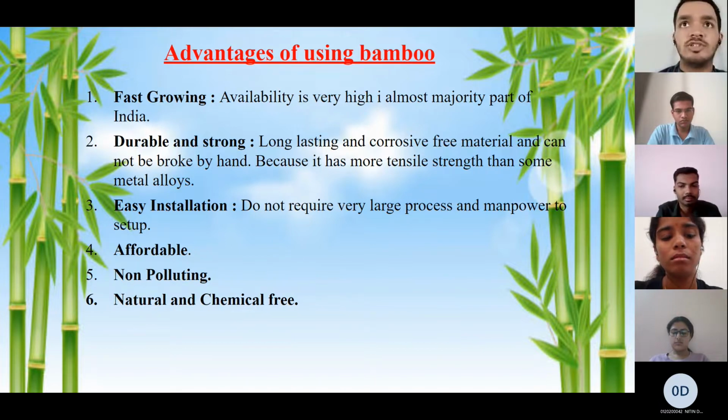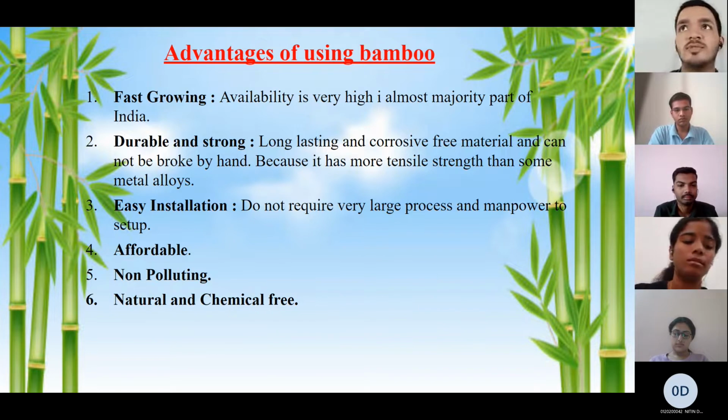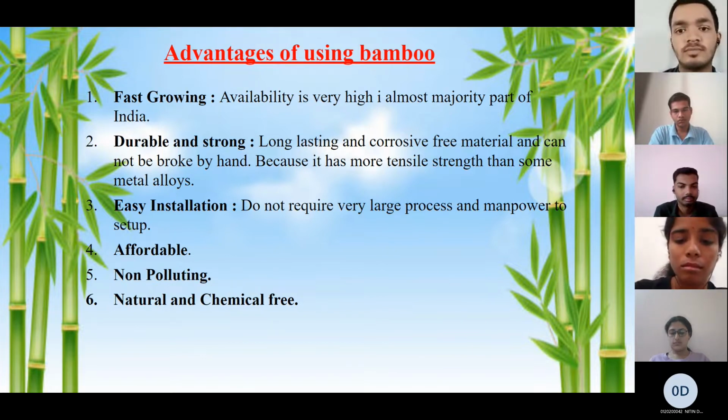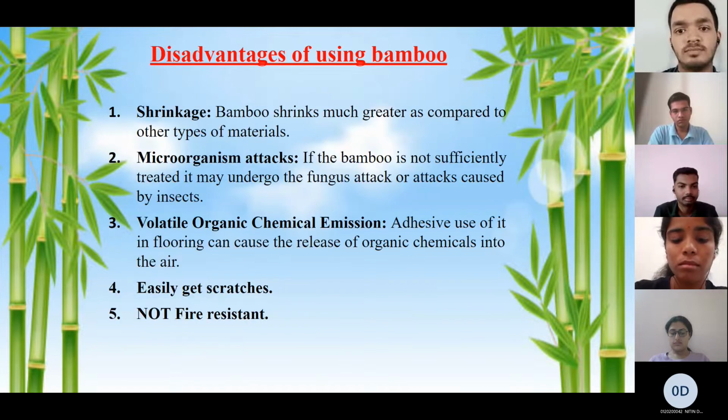A single man can install bamboo at a particular place. Fourth is affordable. We can get bamboo at reasonable prices at any location. It is non-polluting, as it is readily available in nature. And the last one is natural and chemical free. It doesn't have any chemicals in it. Most of the time it contains water, so it is natural. Next slide.